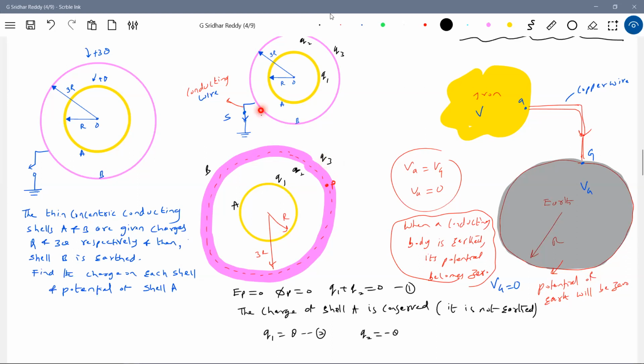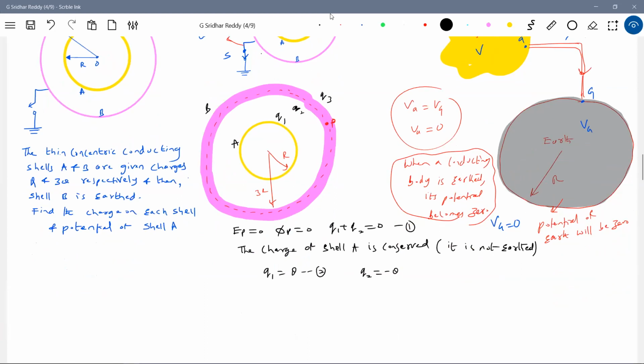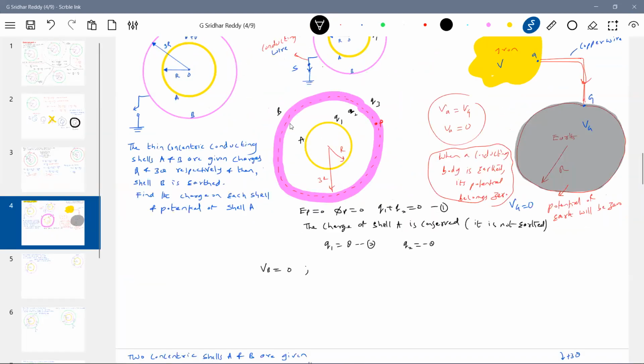Now, a shell which is earthed, what should be the potential? When a conducting body is earthed, its potential becomes 0. So I'll write the equation: potential of B should be equal to 0, because shell B is earthed.